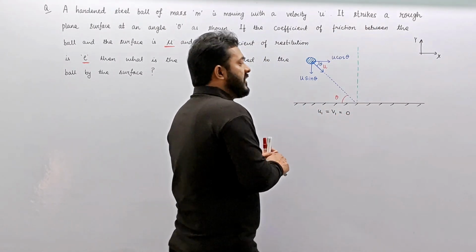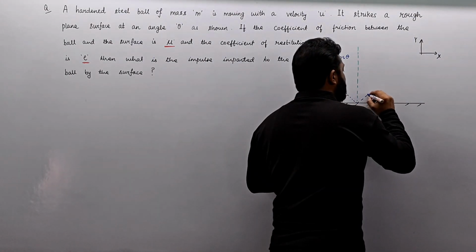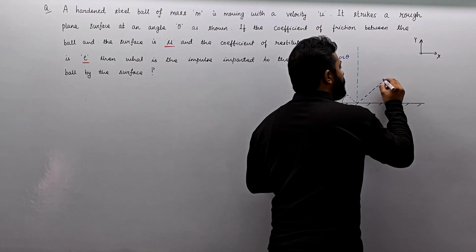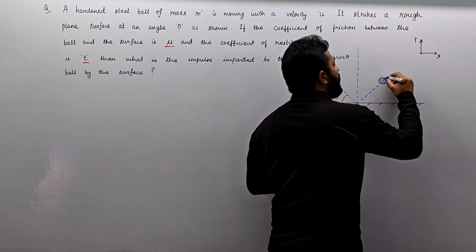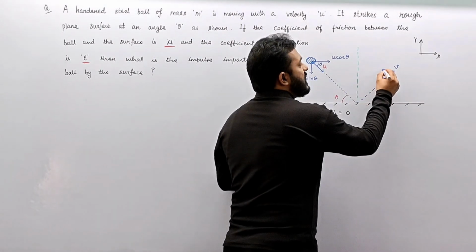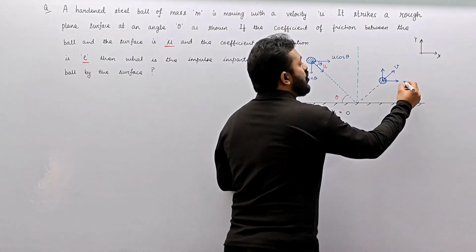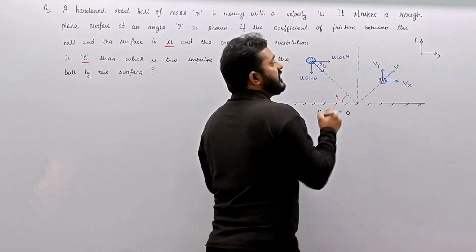Now we consider that the ball is going to rebound from this surface, and as it rebounds it is going to have a velocity v, which can again be broken into two components, velocity in the x direction and velocity in the y direction.